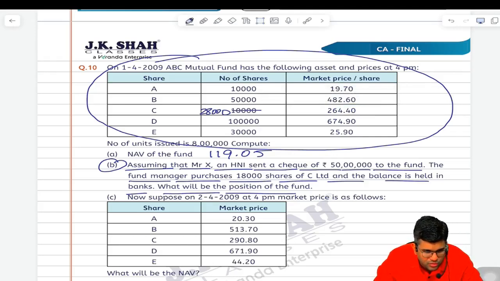Then A, B, C, D, E, and there will be some cash balance also. The total value that you get, you will divide by 8 lakh 42,000 units and you will get the revised NAV. You want to try this?